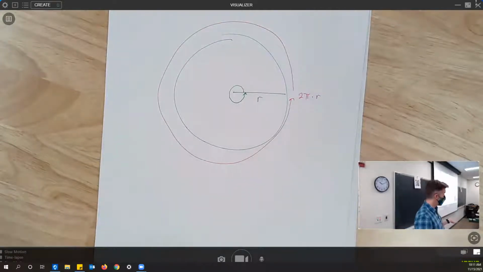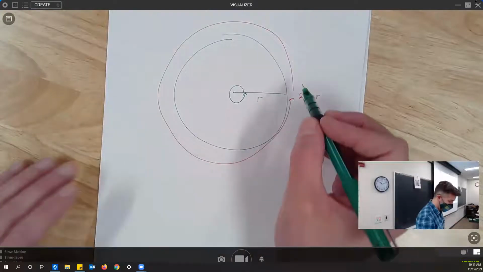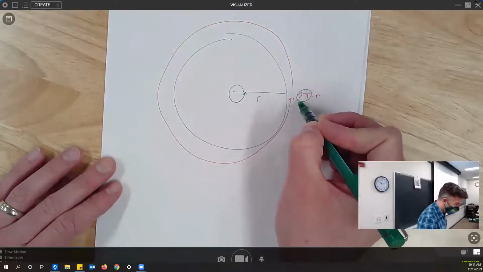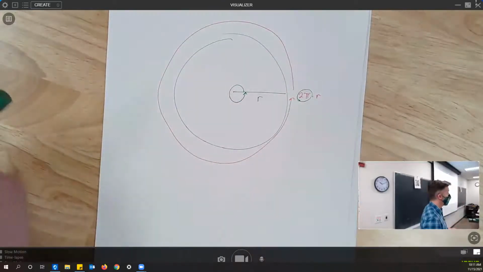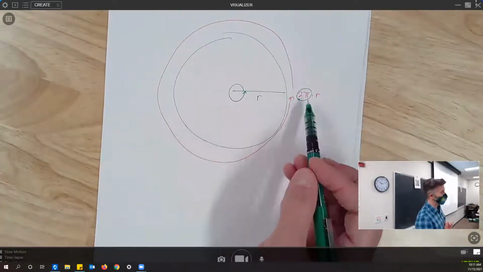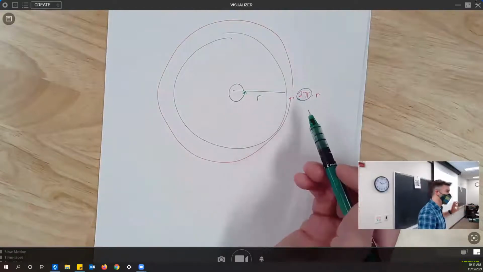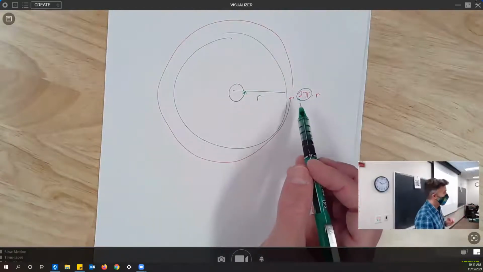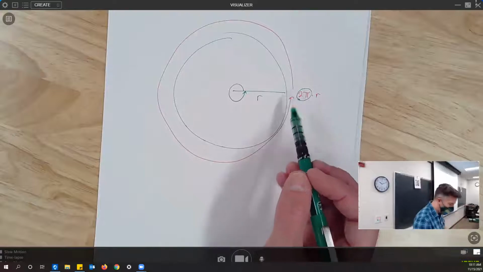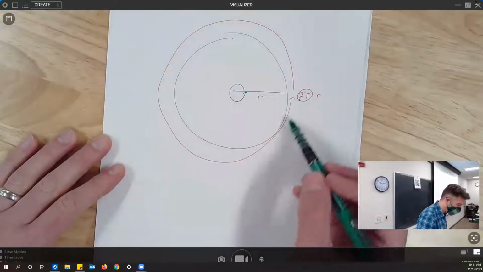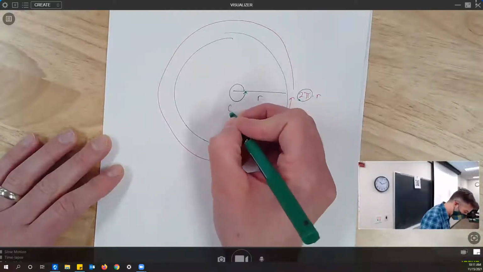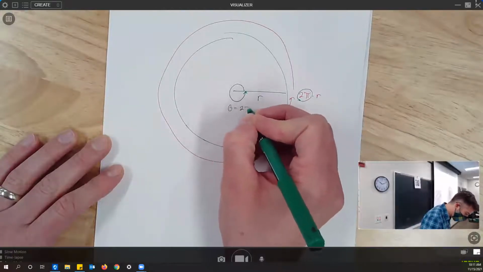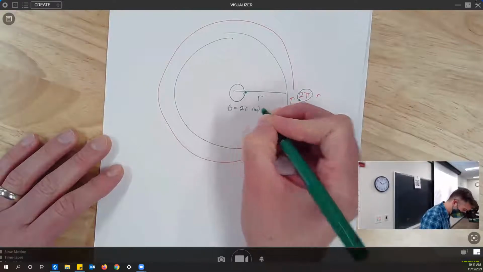Well, it's a little more than 6. Because the arc length all the way around is 2 pi radii, the angle associated with that arc length is 2 pi radians. So this angle, theta, is 2 pi radians.